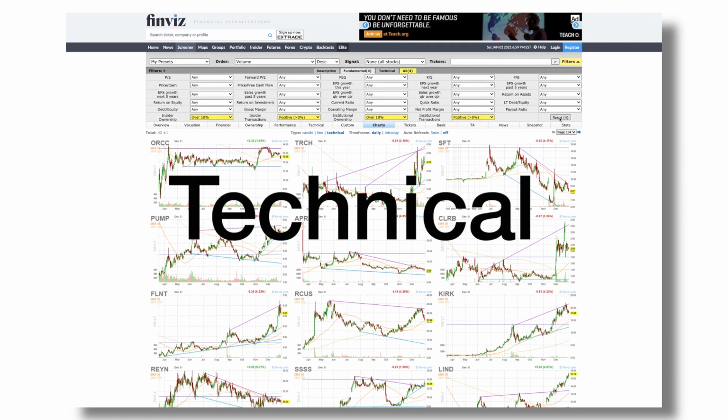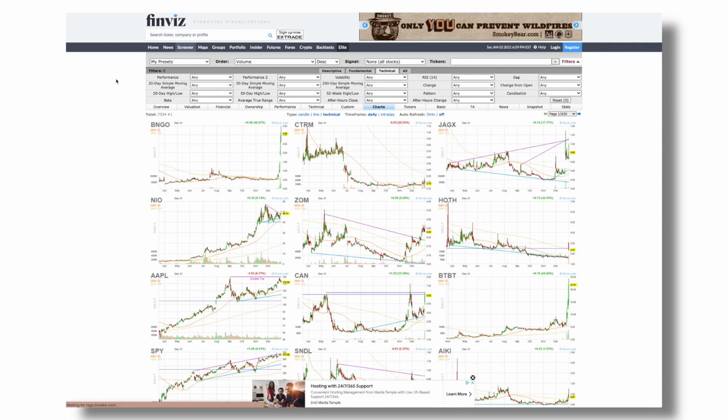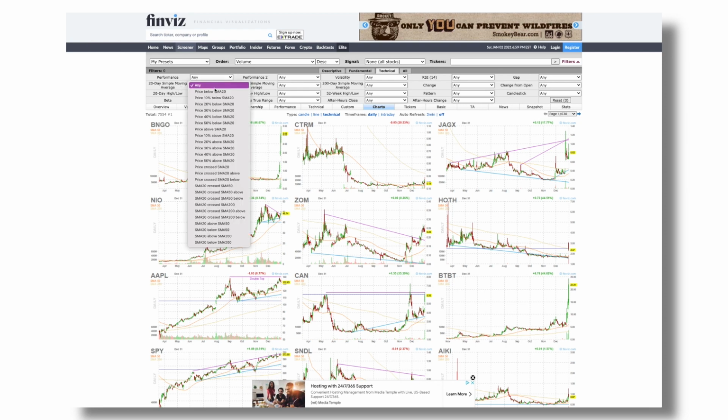So now let's get into a technical example. For technical, I know a lot of us are technical traders, and anyone who's heard my voice on the Discord knows that I'm always constantly discussing technicals. So I would probably start here, right? For this, I just have a few examples. I want the 20 SMA to be below the 50 SMA.